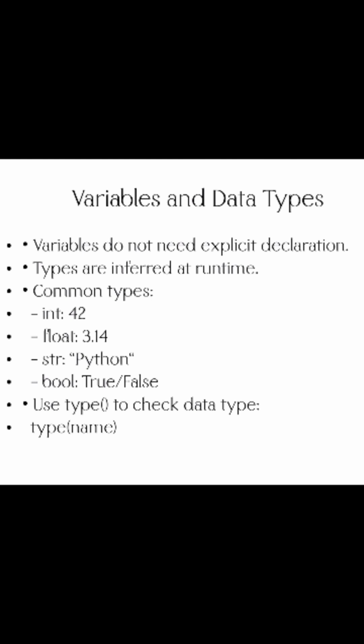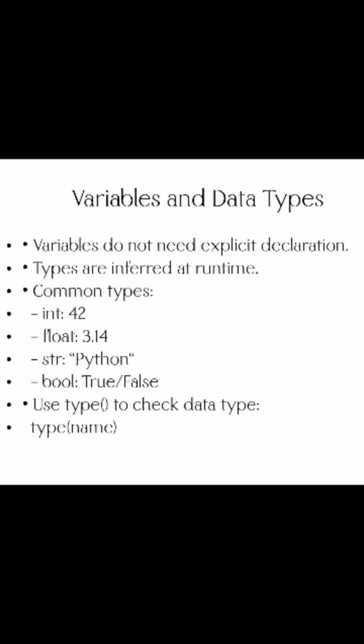Unlike many other programming languages, Python variables do not require explicit declaration of type. The type of the variable is inferred based on the value assigned. Variables act as placeholders for data. They allow us to store and reuse values in our program.